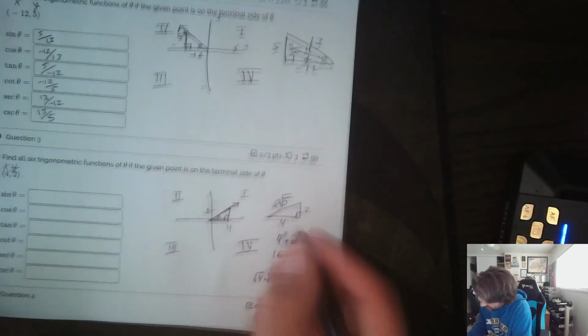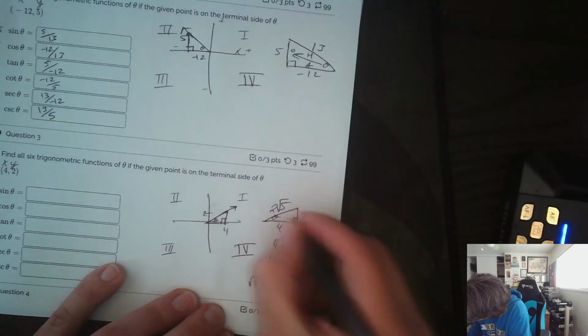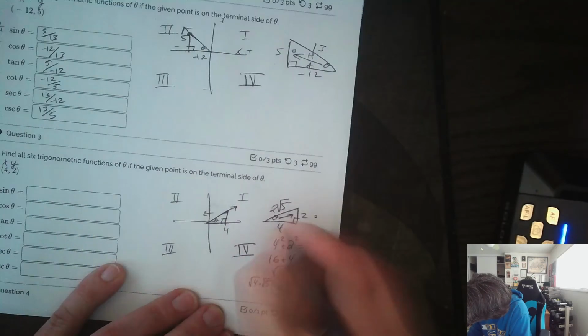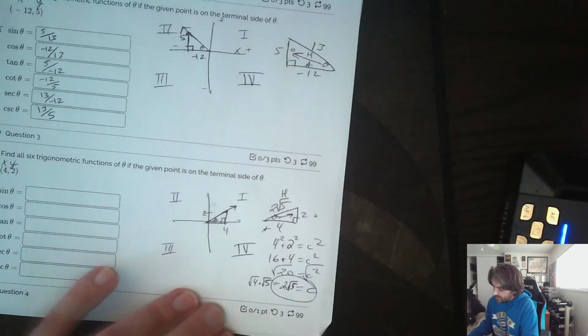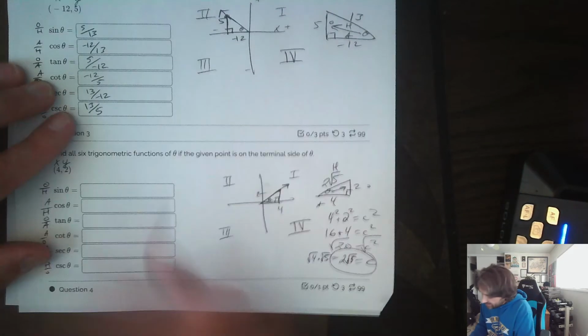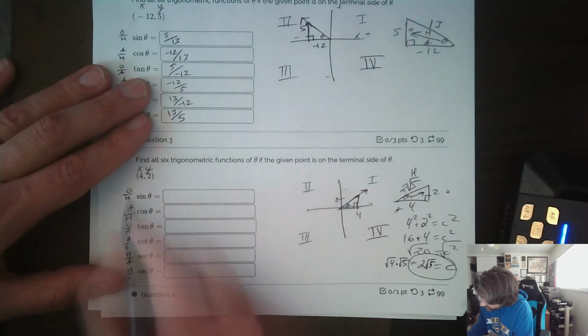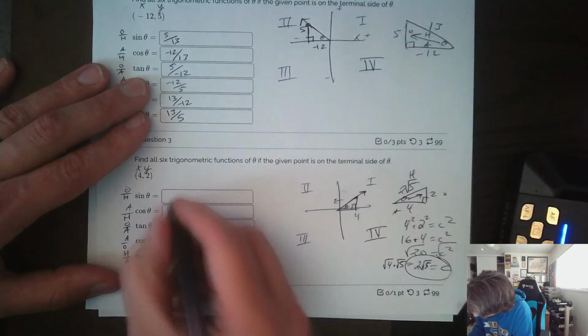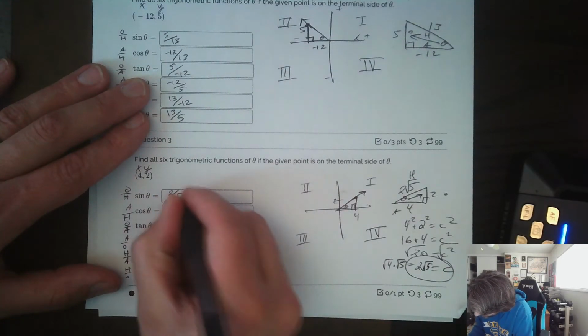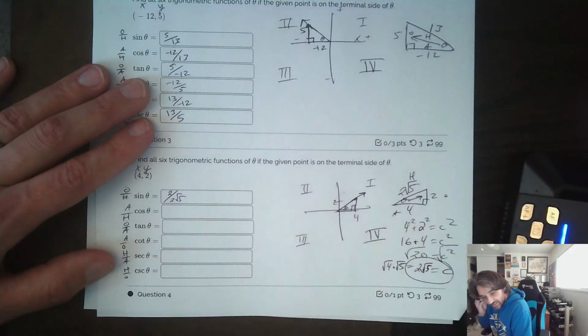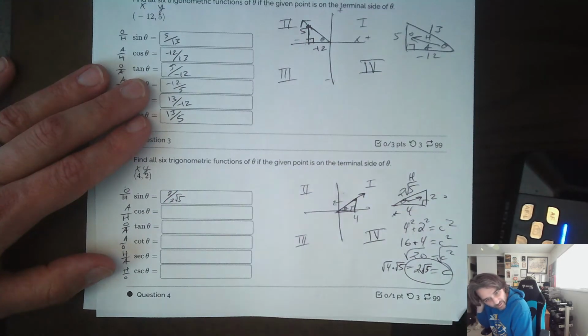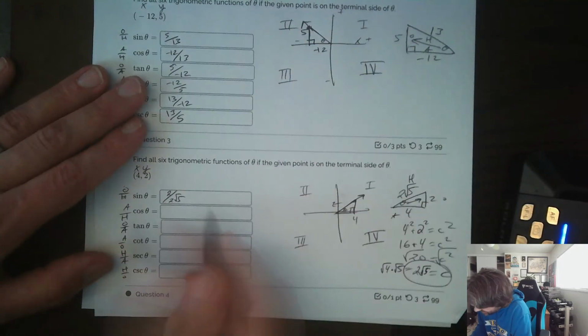So my angle's right here. Opposite is over here, my adjacent there, and that's my hypotenuse. So my sine is going to be opposite over hypotenuse: 2 over 2 radical 5. Leave it like that. As far as simplifying it, I'm not going to simplify it more. These will simplify at times.